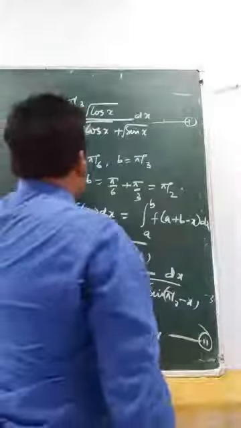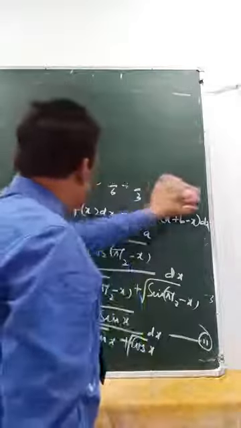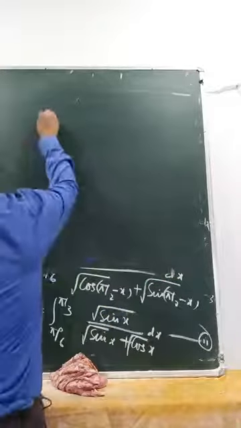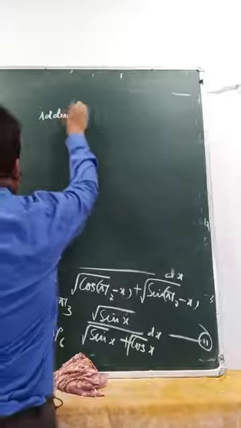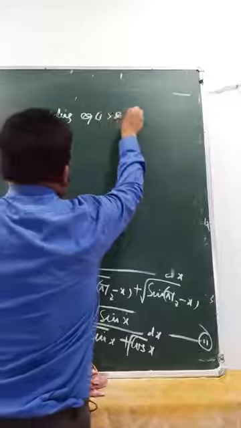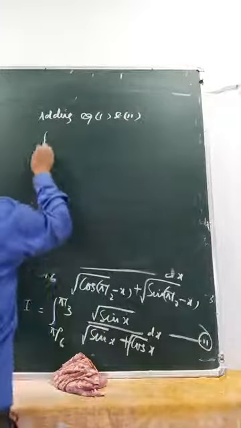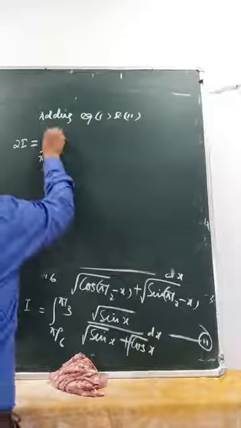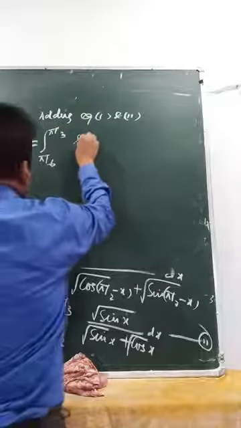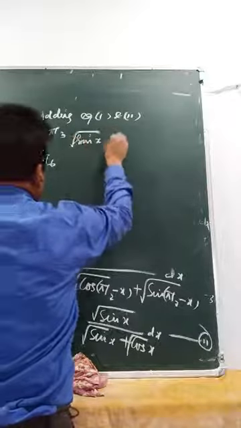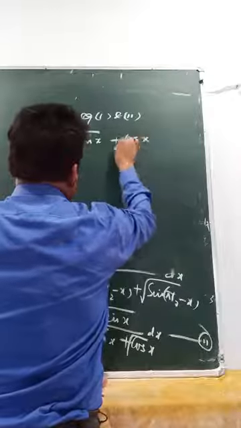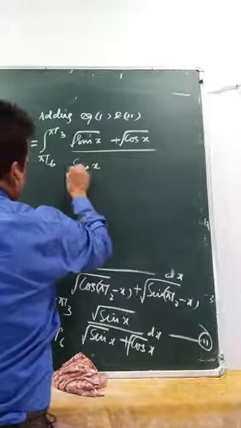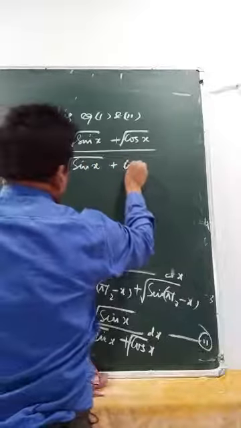So adding equation number 1 and 2, 2I equals integral from pi/6 to pi/3 of root sin x plus root cos x by root sin x plus root cos x.